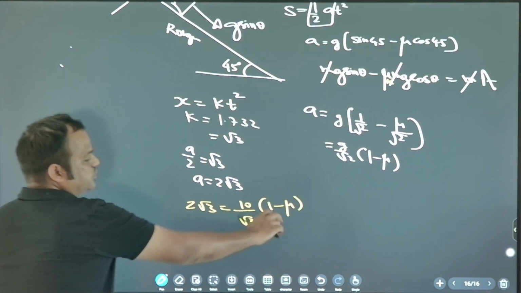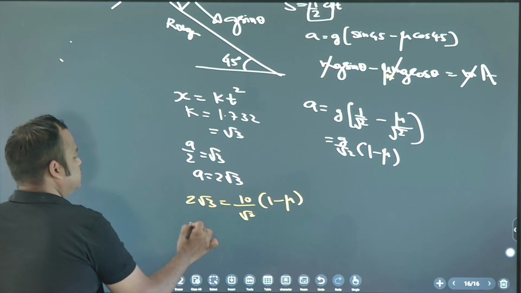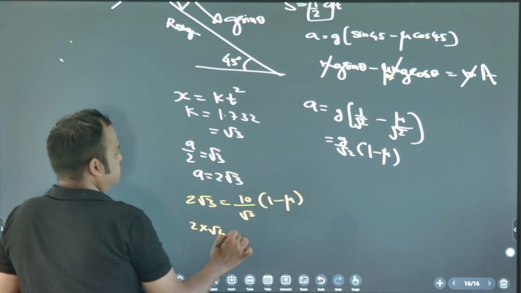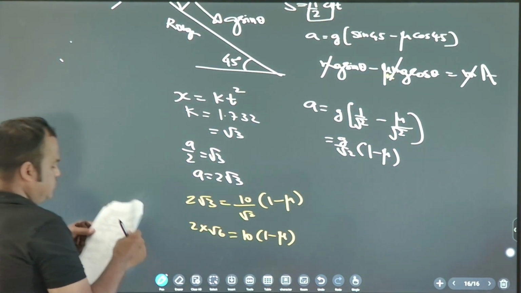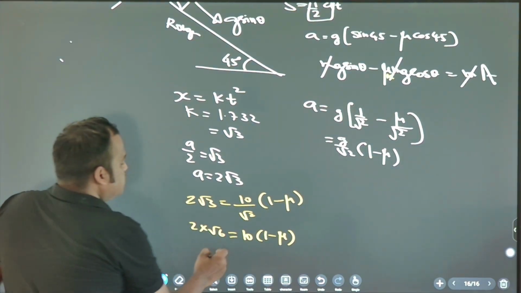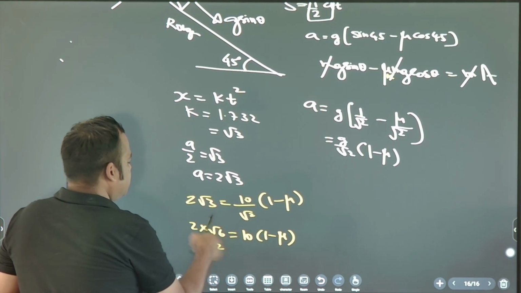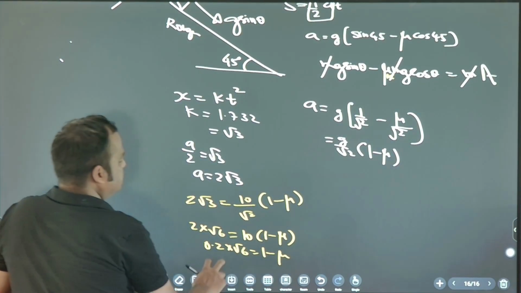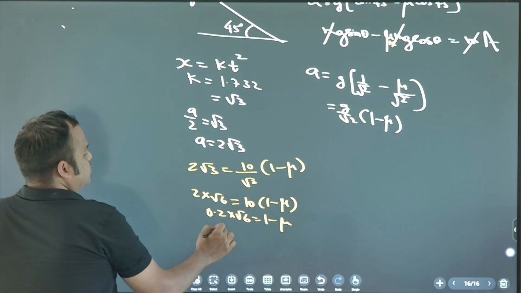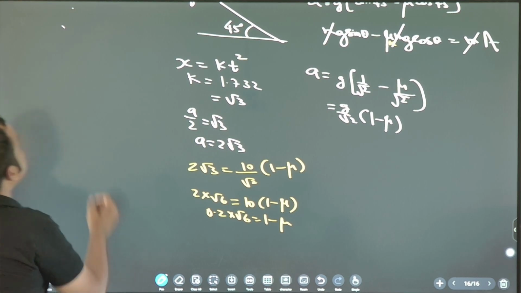Okay, clear, understood. Now root 2 into root 3, root 6. So 0.2, okay, 10 will go here. 0.2 into root 6 is equal to 1 minus mu. So now you should know how to find root 6.